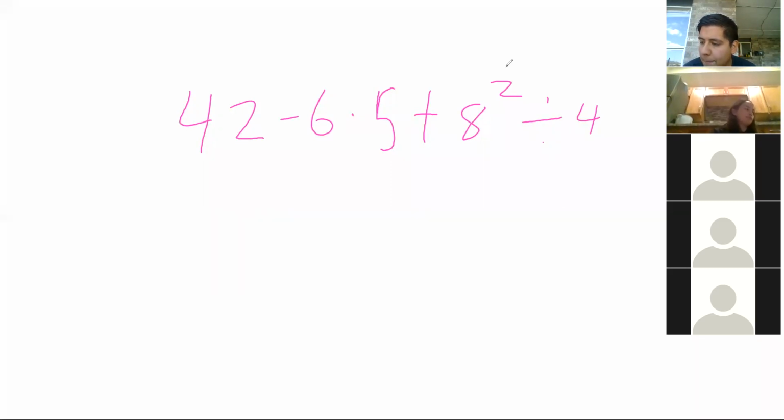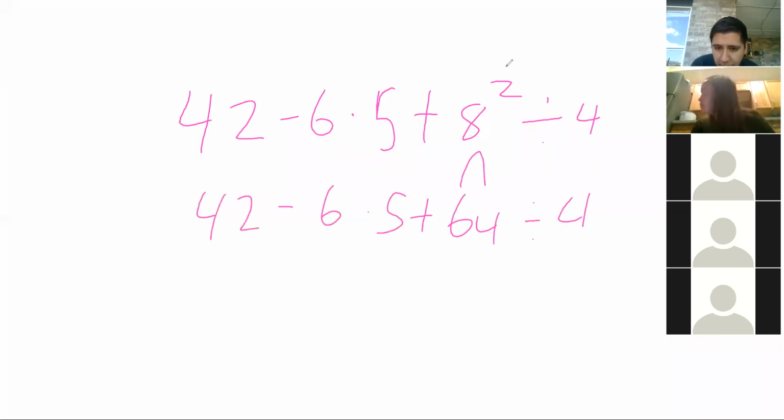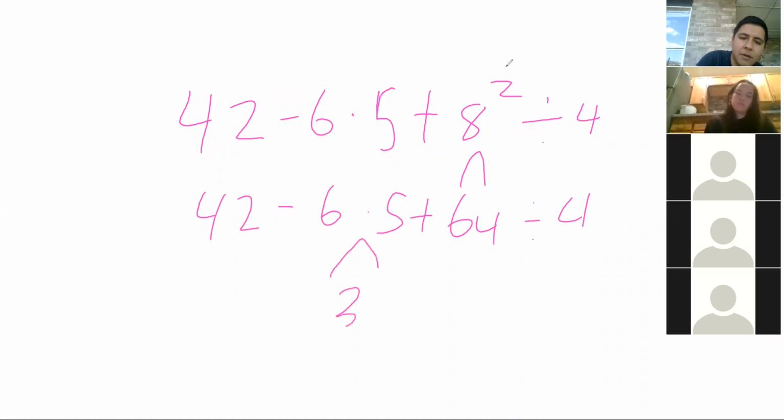Okay. Hold up. So first, what do we want to do here? The exponent. So 8 squared, that's 8 times 8, 64. What's next after that? 5 times 6, or 6 times 5, same thing, 30.